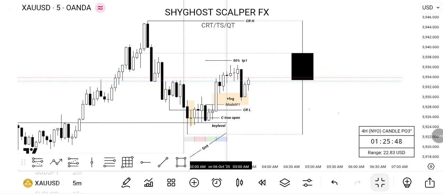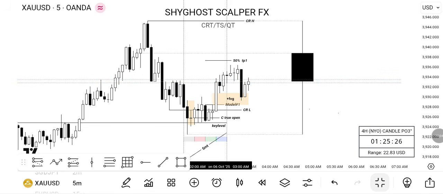For example, we know that gold is a combination of gold and USD, right? So we check the currency strength meter and see if USD is weaker, for us to buy, to confirm this narrative that we already have.